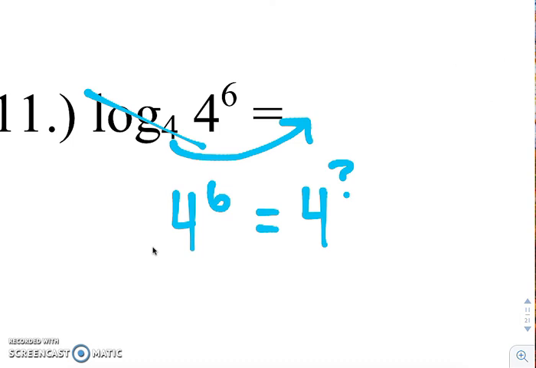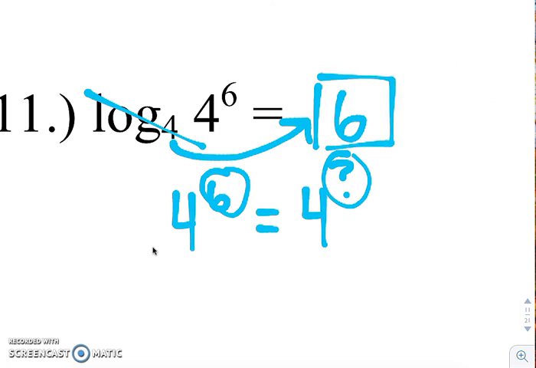Well, if the bases are the same, then that question mark has to be 6. For them to be equal, they need equal exponents. So when you have a log base 4 and an exponent with base 4, they cancel, and your answer is just what you're left with after they cancel out.